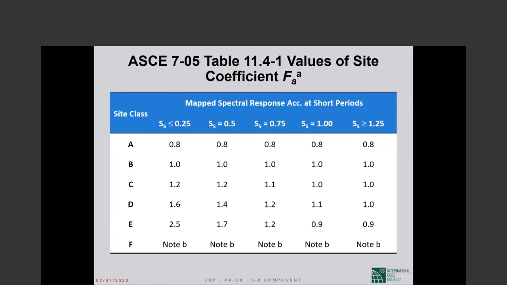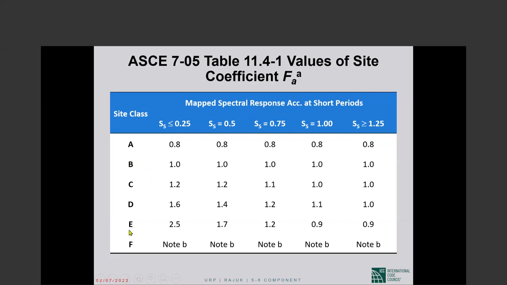Okay. So the values of F sub A are given in this table in ASCE 7. I would like to point out that B is the benchmark site class. So for B, all the coefficients are equal to 1. More importantly, the coefficients depend not only on the site class, but also on the intensity of ground motion.